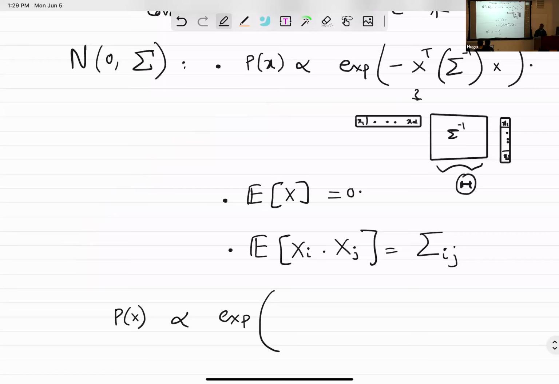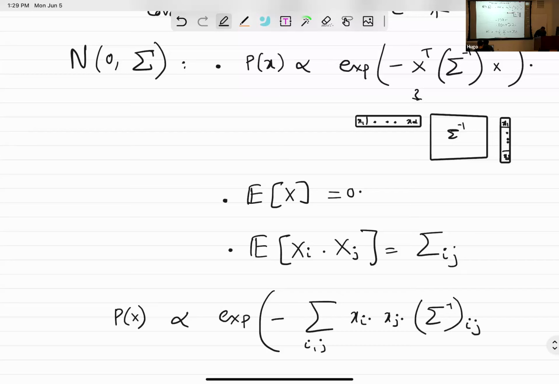I mean, this is a compact notation in terms of vector, matrix, vector product. But if I expand it out, what does this whole thing become? It's minus summation over i, j of xi times xj times sigma inverse ij.